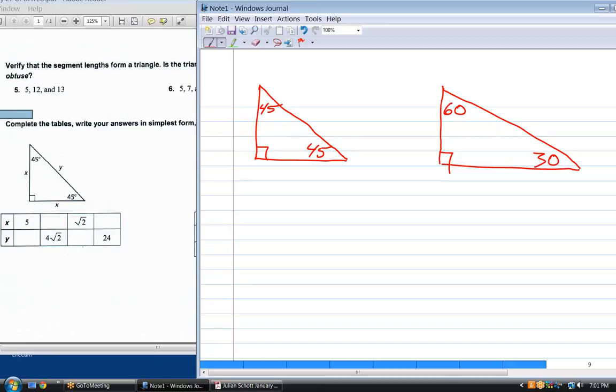Now, why these two triangles are so special is hard to explain. Just take my word for it. You want to memorize these, and you want to memorize the relation of their sides to one another. Now, I call them my unit triangles because opposite the smallest angle is always 1.